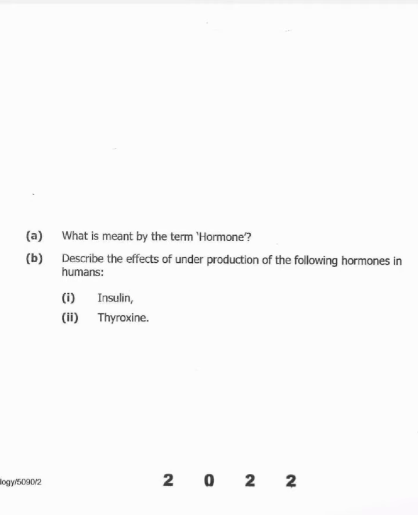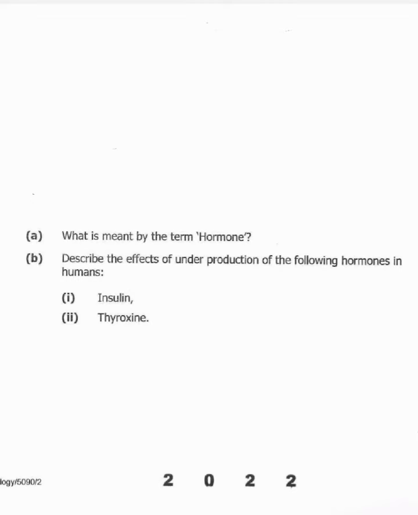Now, in trying to define the hormone, there are things that we need to consider. Number one, a hormone is a chemical substance. Number two, this hormone is produced by ductless glands. That one is very, very important.